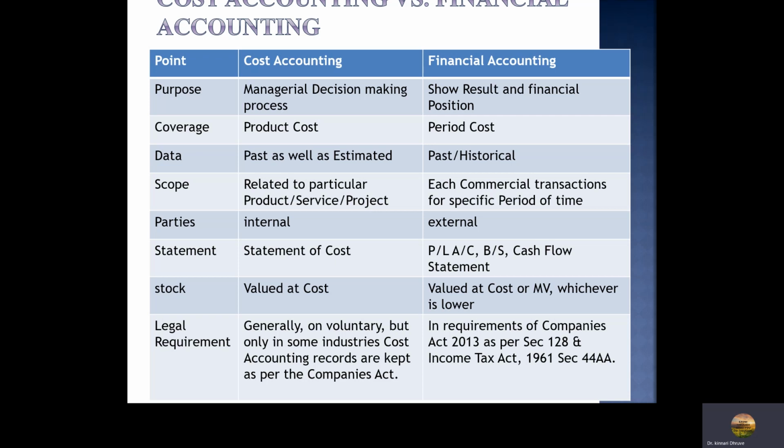If we see from the viewpoint of purpose, cost accounting is helpful in managerial decisions, while financial accounting shows the financial position and result. Cost accounting only covers product cost. It does not cover any period cost. Now, what is a product cost and what is a period cost?